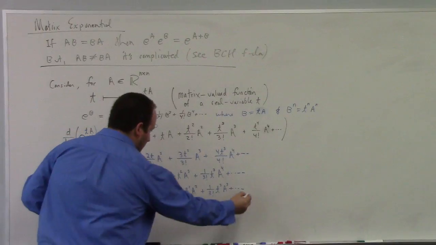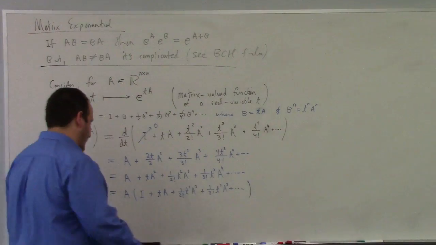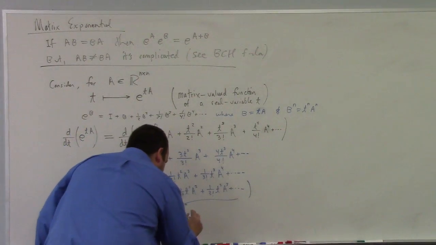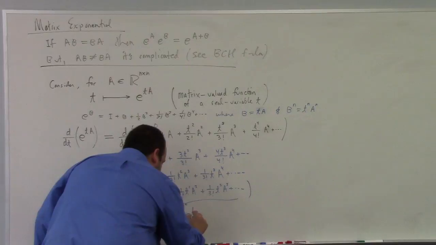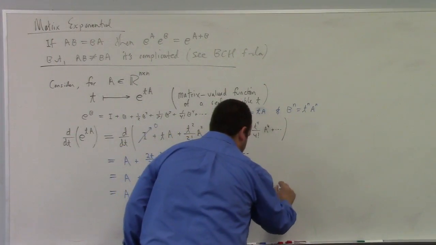Close parenthesis. What do you got? Yeah, this is exactly e to the ta. Right. So, in other words, we have A e to the ta.